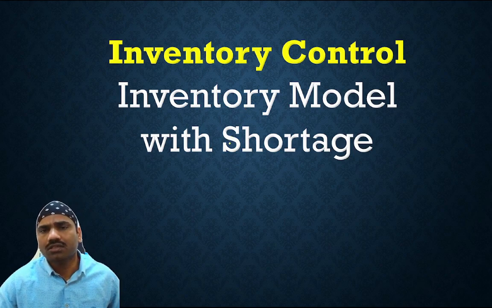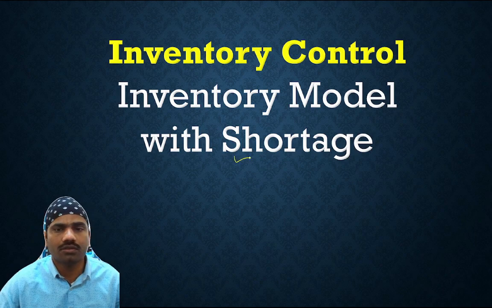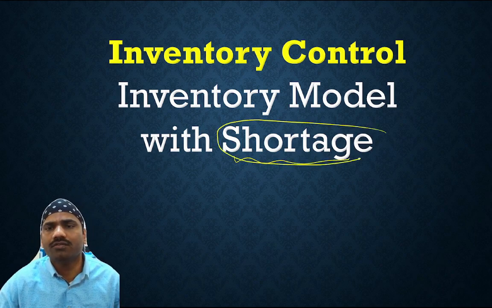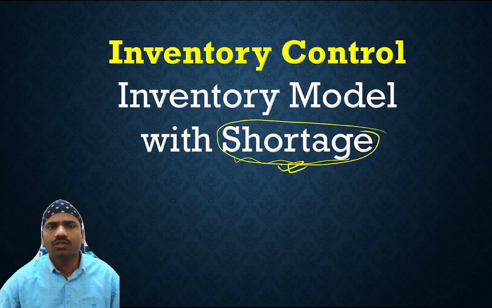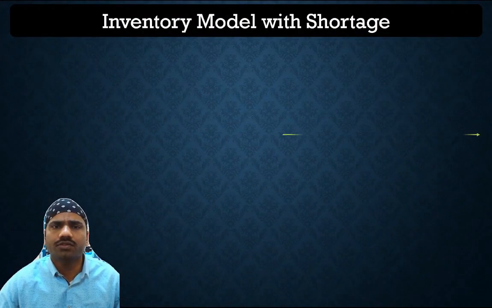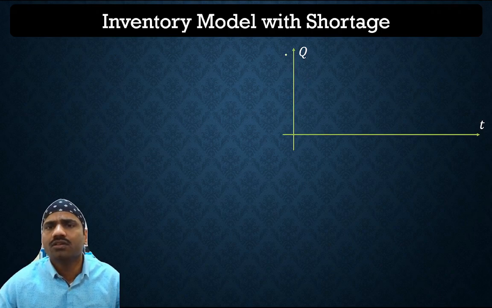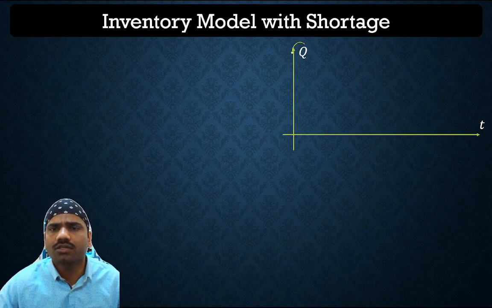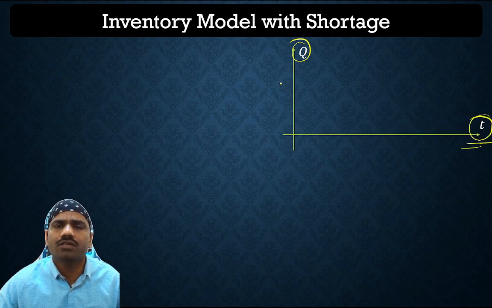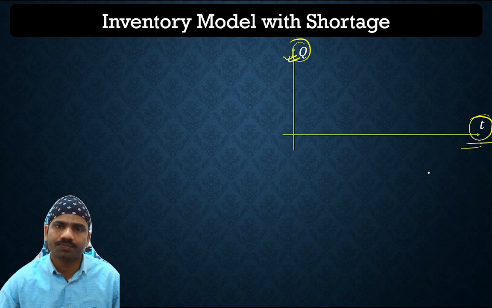So we will discuss inventory where we are allowing shortage. We'll see a few new terms over here. We have a simple plot of quantity with time.